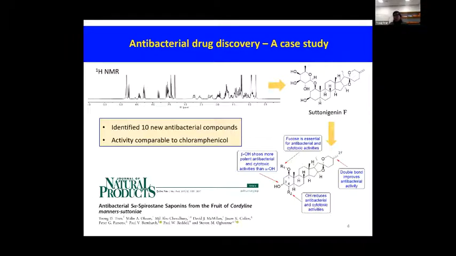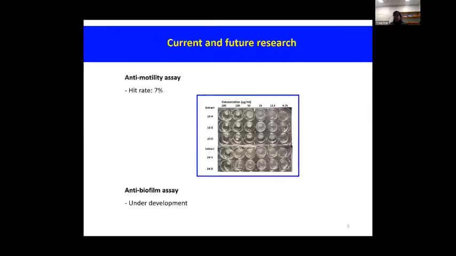The project is still currently running, and we are trying to expand to other antibacterial assays targeting bacterial virulence factors. We already completed a screen on anti-motility assays against several Gram-negative bacteria strains and obtained a hit rate of 7%.